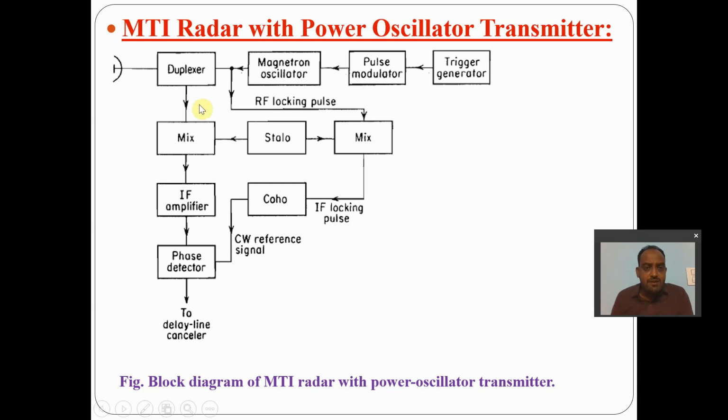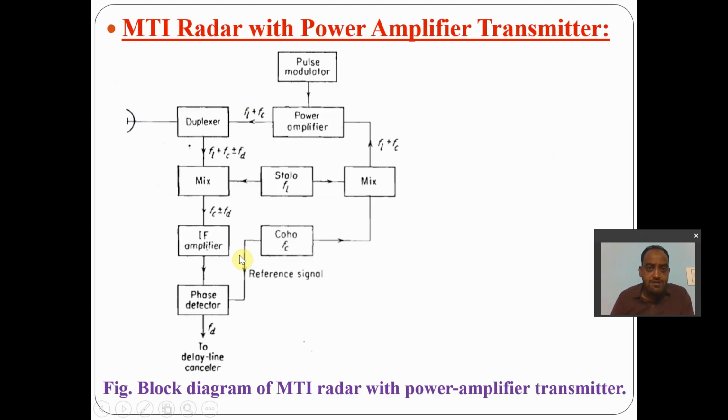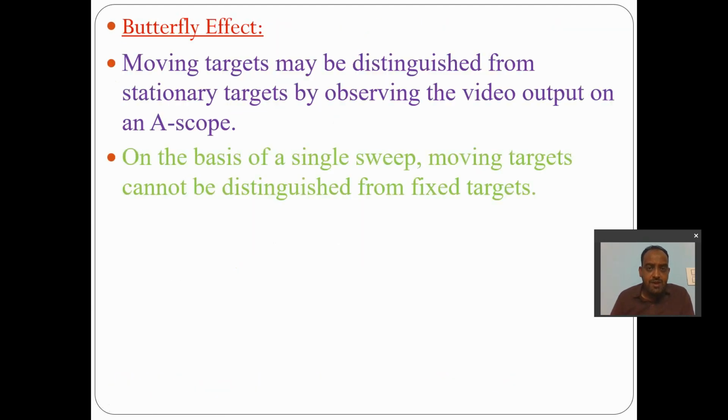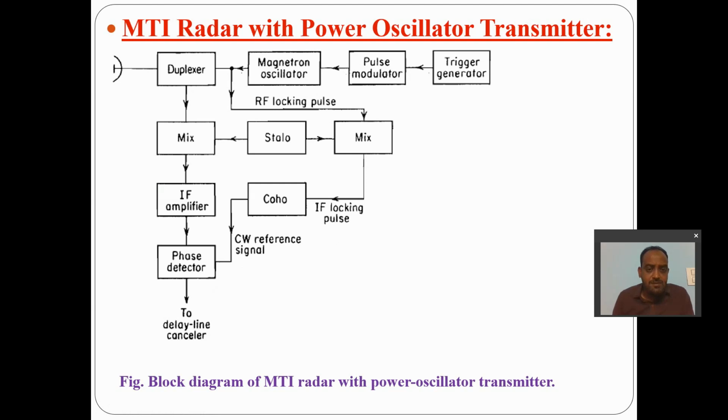This MTI radar is same as we have seen in the previous slide. This same block diagram is again repeated, which is having STALO and COHO, having a mixer, and all other things are same. The difference is here, this is the trigger generator.